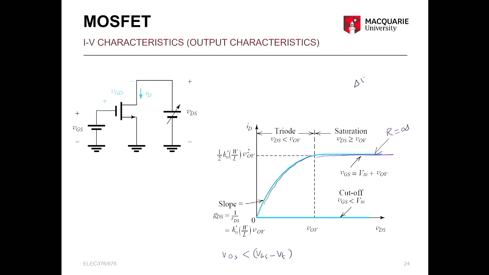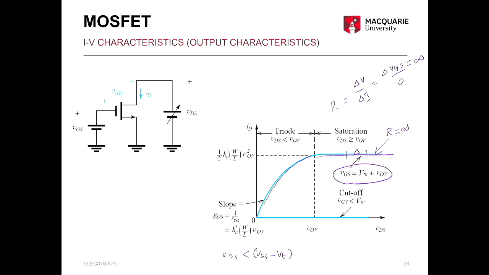You can find delta V divided by delta I. So delta VDS divided by delta ID, which is 0. No change in current, which will give you the resistance as infinite. So this is a particular value for VGS.